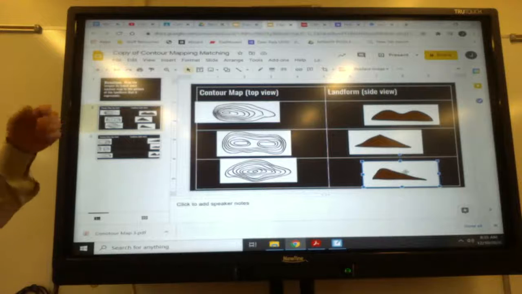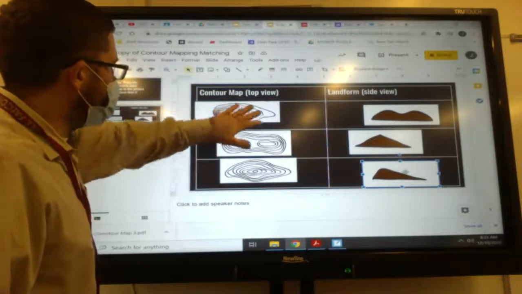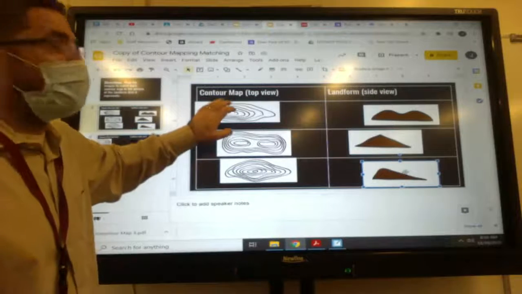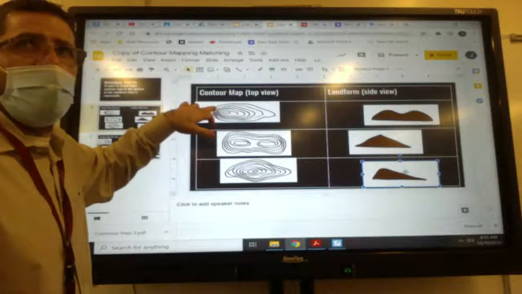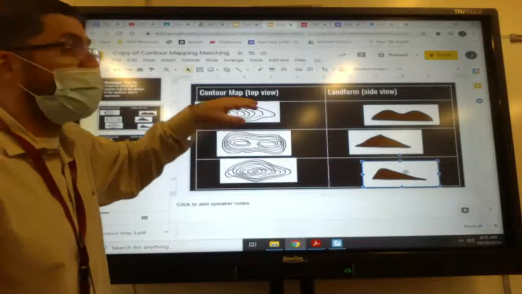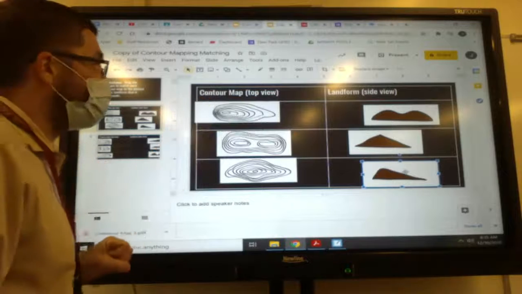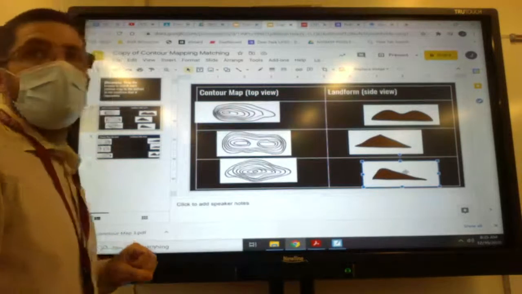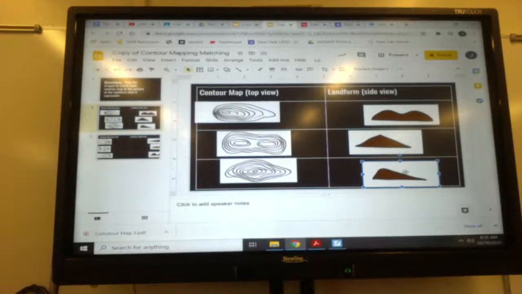The highest elevation on this map would be over here, lower elevation over here. More steep of a slope over here because the lines are closer together, whereas I have a more gradual slope on this part of the island because they're spaced further apart. So I just actually described one of the 3D images for you.